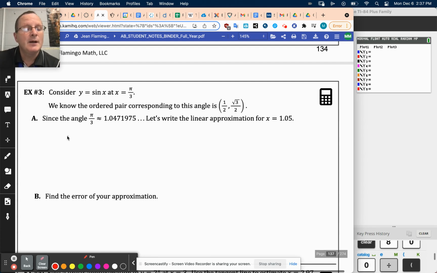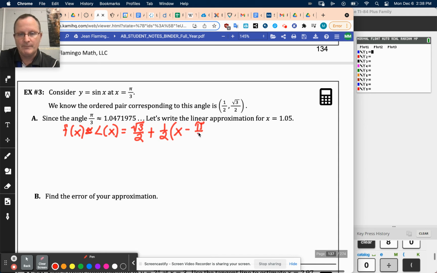So f of x is approximately the line, which is the square root of 3 over 2, plus our slope, 1/2, times x minus the particular x value that we had to begin with, which was pi over 3.